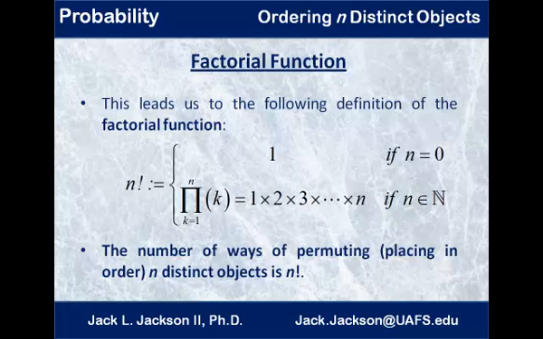We could write it backwards or forwards, it doesn't matter. And we get the same answer, and this is exactly the way that we need to count the number of ways of permuting, that is, placing in order, n distinct objects. So that the number of ways of permuting or placing in order n distinct objects is n factorial. So now we have the first of our techniques we're going to be studying today.